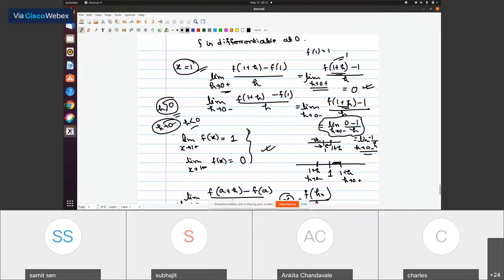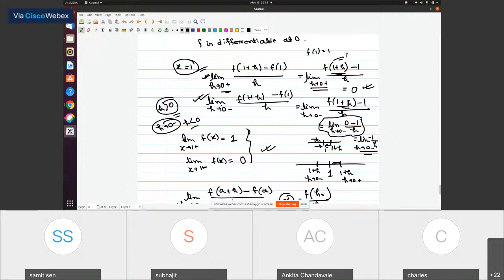So the limit h tending to 0 minus is undefined, and the other limit although exists and is 0. So the limit h tending to 0 does not exist. So this function is not differentiable. Is it clear? Yes, sir. So from both sides of 1, we have considered this greatest integer function. Yeah, exactly.